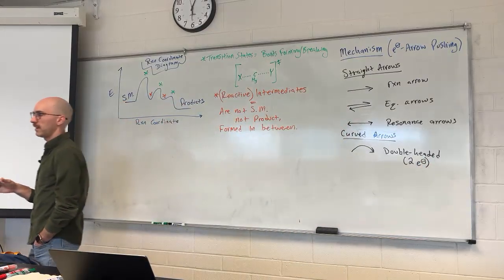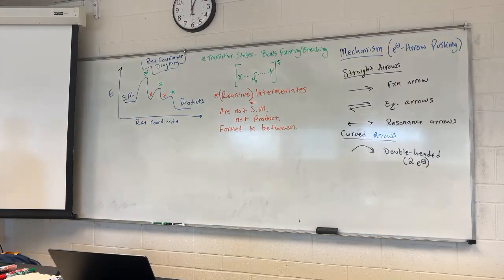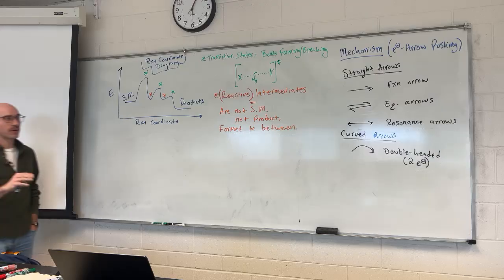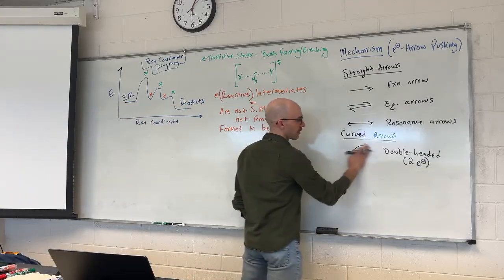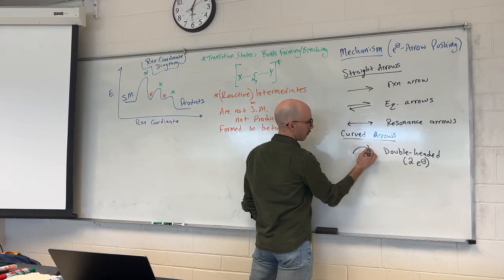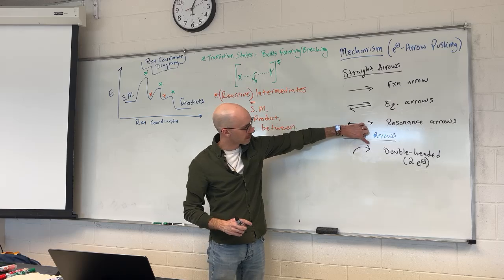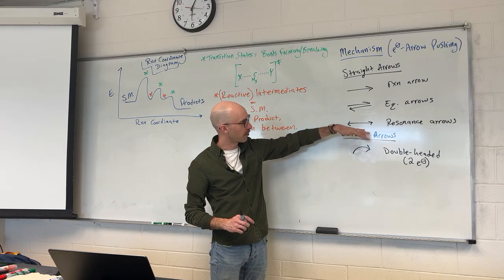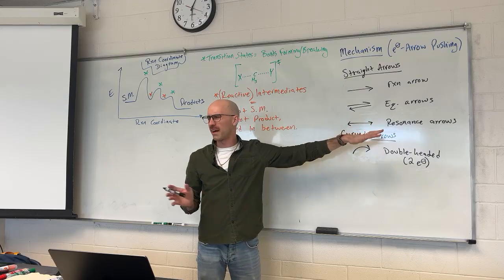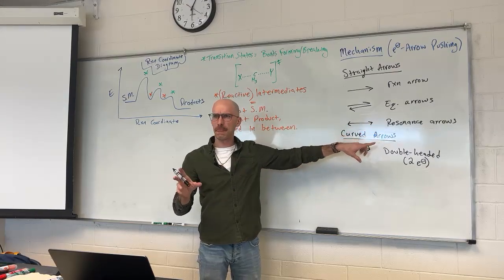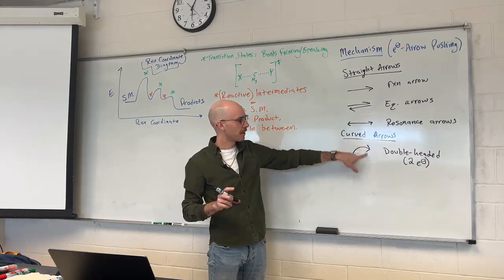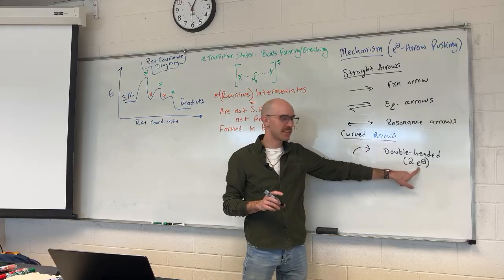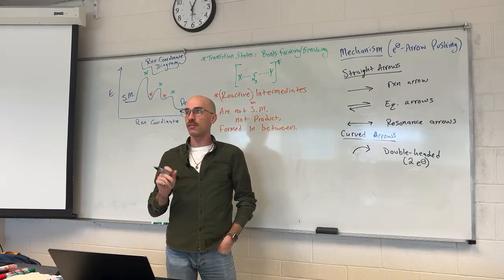In the same way that you have become familiar with looking at a bond line structure and saying a line is two electrons, I want you to look at this arrow, which is not very pretty, so I'm going to try to make it prettier. I want you to look at this arrow, which has two hooks on it, which is what I'm calling double-headed here. Double-headed might not be the right term. Sorry. But two hooks is representing two electrons involved.